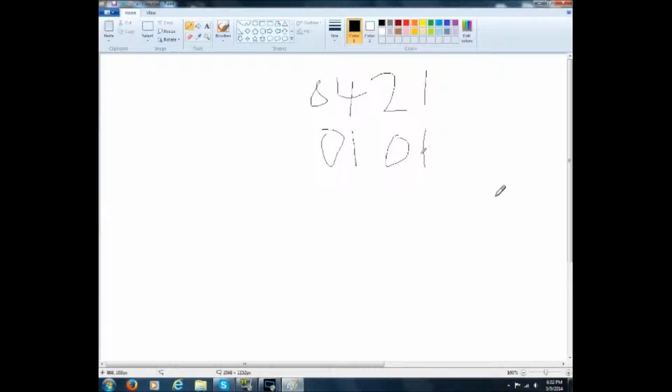Whenever these are turned on, that means that 1 is part of the value. Since the 4's place is turned on, you do 4 plus 1 to make 5. So this binary value stands for 5.